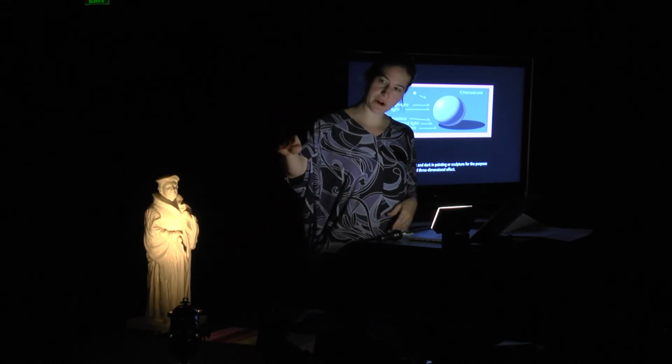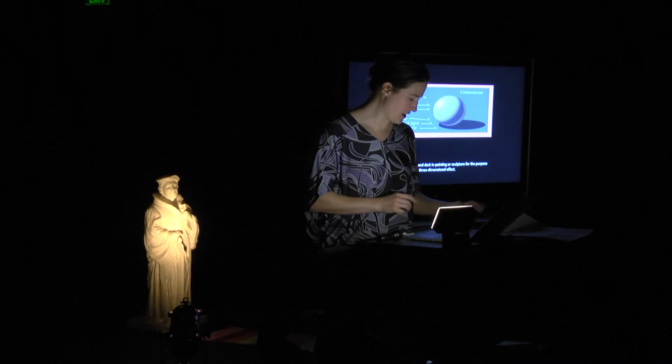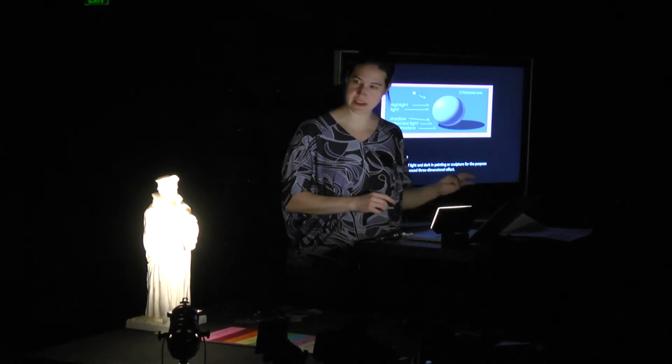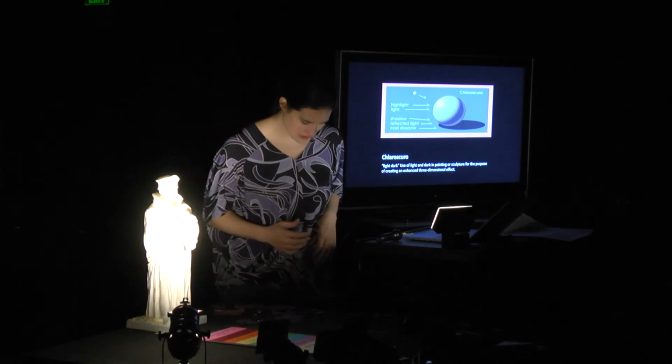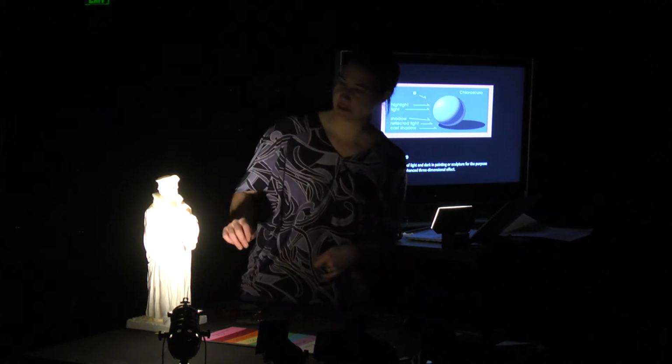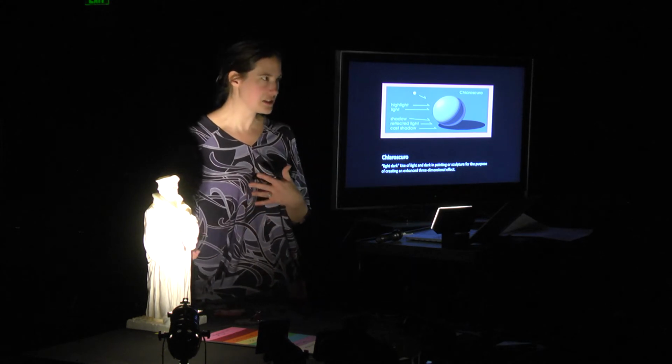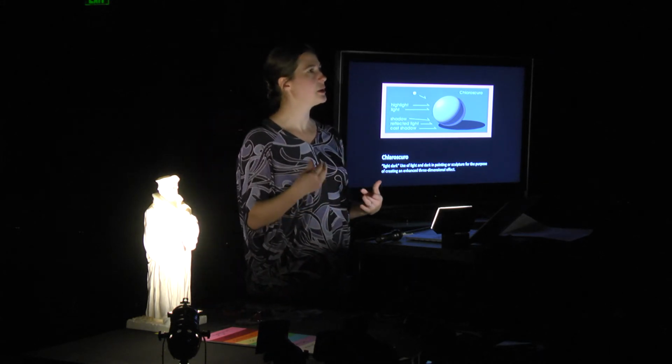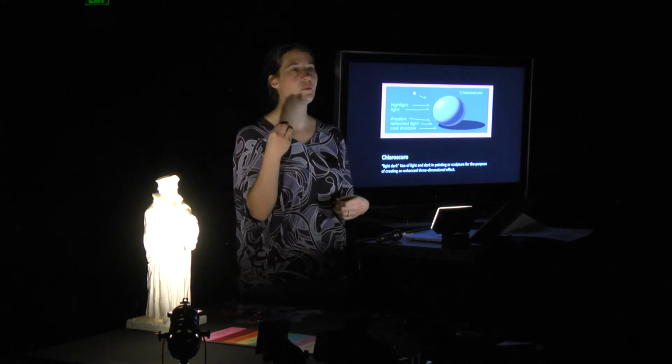So if we're looking at Martin Luther here, and we bring up the intensity, now he's a little translucent, but you can see you've got the darkness in the folds. A lot of Renaissance painting that uses a lot of chiaroscuro has light from one point.